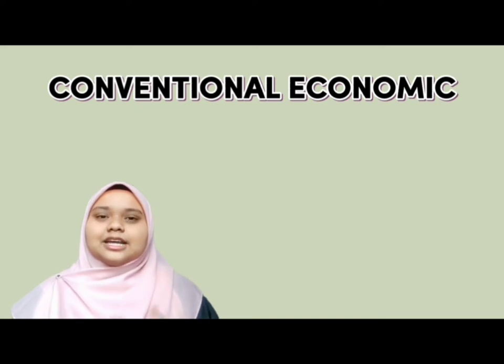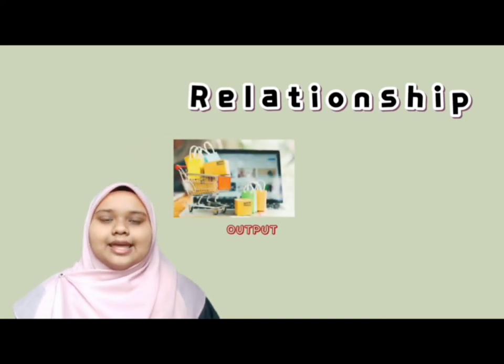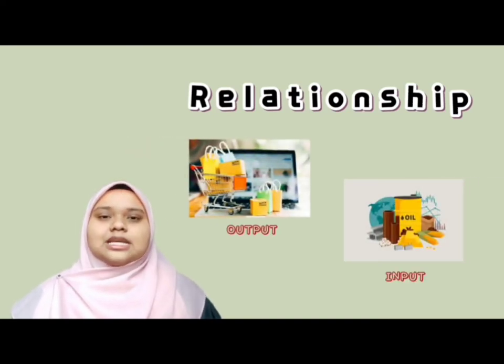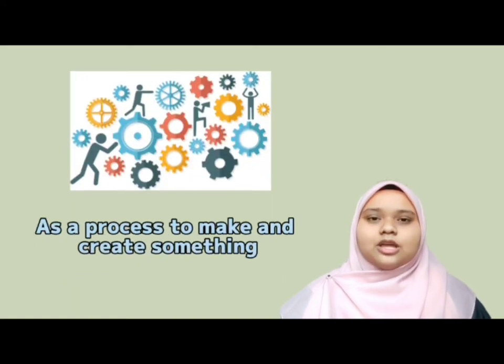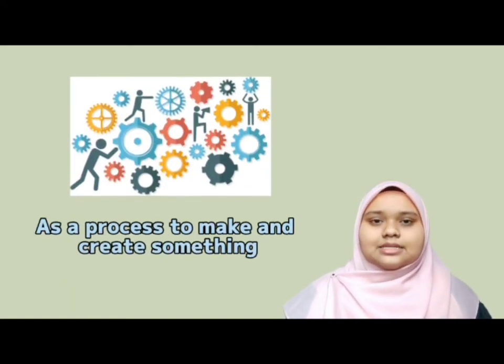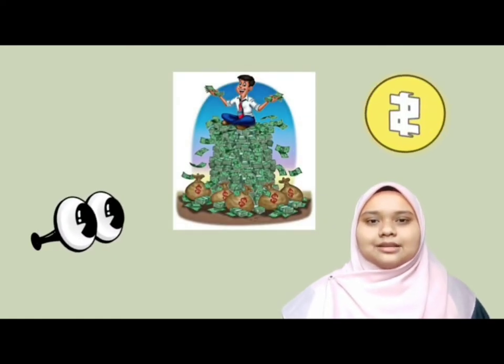Now I will explain the comparison of the function of production between the conventional economy and Islamic economy. For conventional economy, the production function can be described as a relationship between output and input that can be produced in a time, then it will be used by the consumers. Production in conventional terms was limited as a process to make and create something such as a product that placed profit over everything.